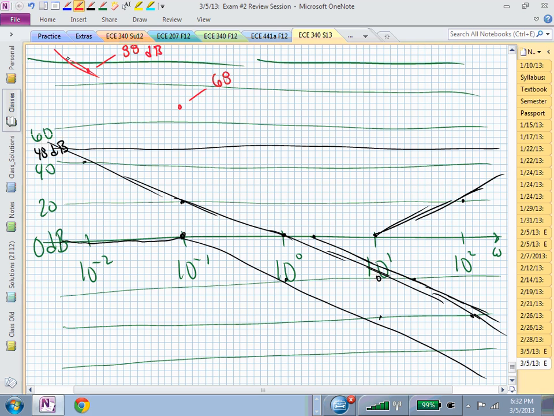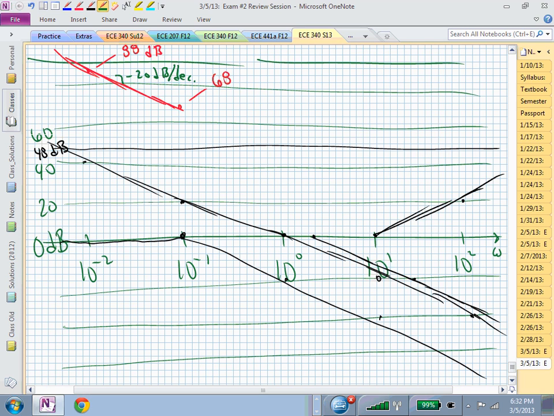coming down with a slope of minus 20 dB per decade. Is that okay? Now what happens? Now I have two poles in play beyond 0.1. Now I'm going down at 40 dB per decade.